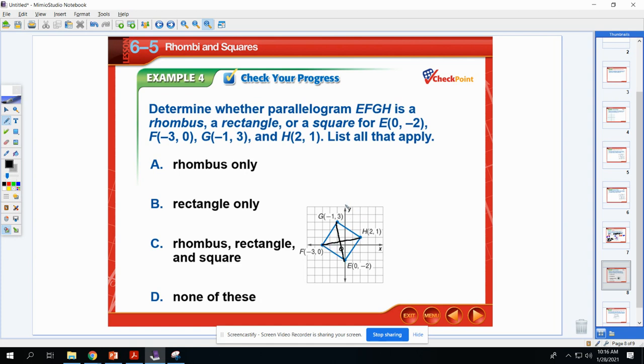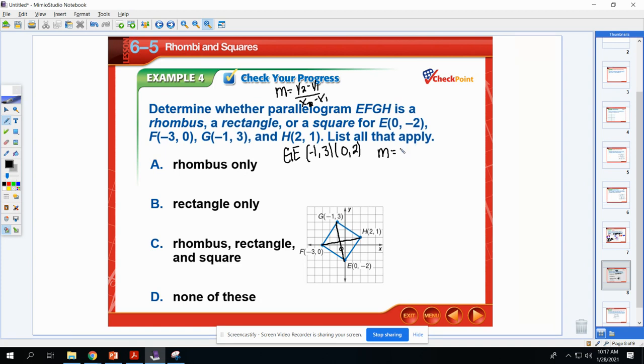All right, so starting off here let's go with GE. I'm going to find the slope of GE, which is between negative 1, 3 and 0, negative 2. So again, that slope formula, M equals the rise over the run, or the y's over the x's. So go ahead, plug that in. M is going to equal y2 minus y1.